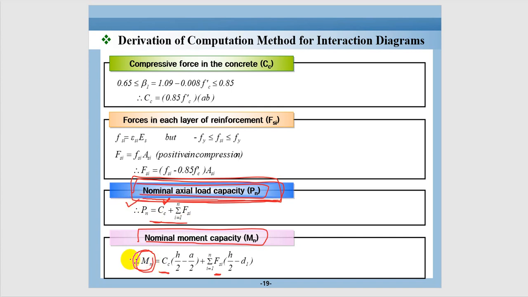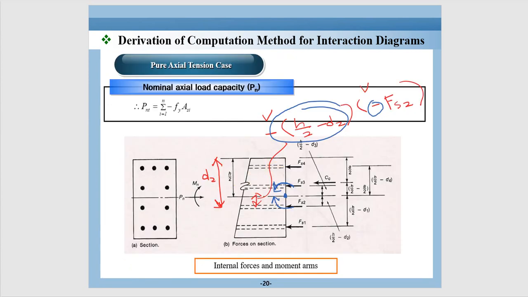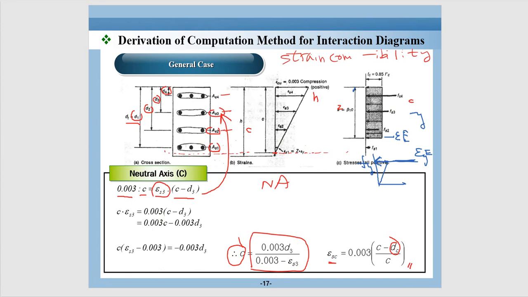So this is Pn and this is Mn. So you can simply calculate it. And in all calculations, you have to assume that your compressive concrete strain is 0.003 right there. Okay, so do you follow me?